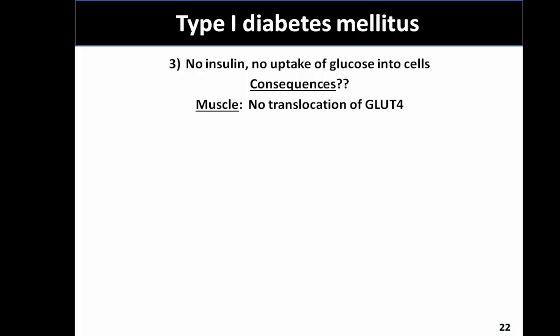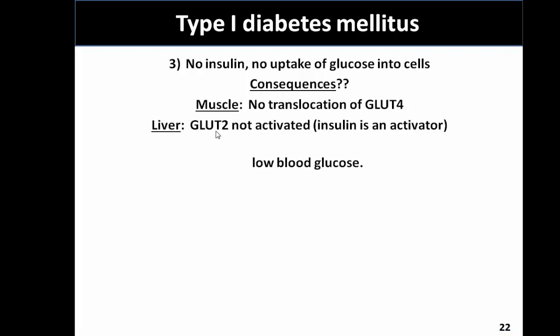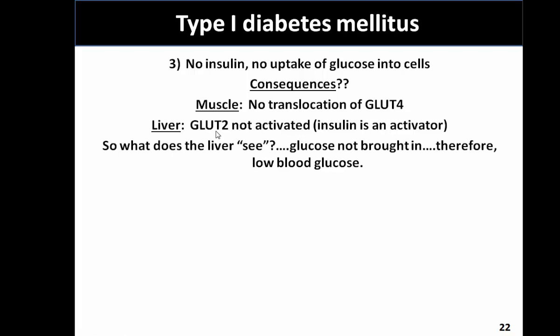Recall in part 2 of Unit 4, insulin caused the protein GLUT4 to move into the membrane to assist with the removal of extra glucose molecules from the cardiovascular system. Insulin is also an activator of GLUT2, same protein, same structure in the liver, but without insulin, GLUT2 is not activated, and if GLUT2 is not activated, glucose does not move into the liver.